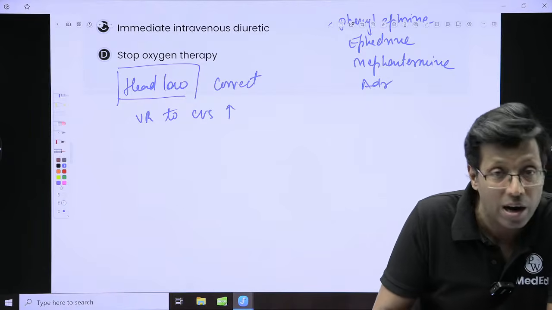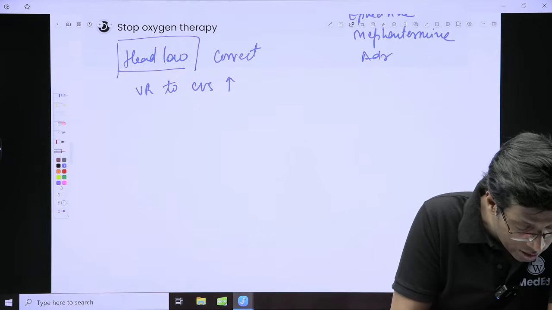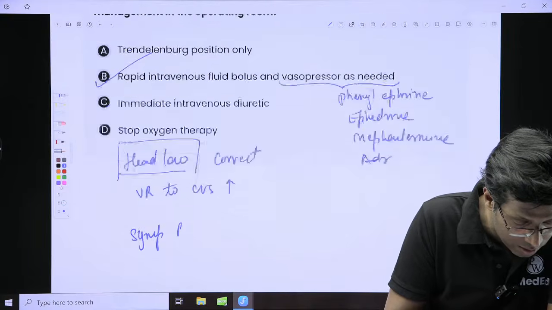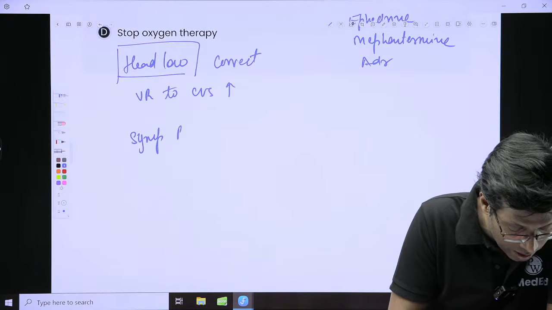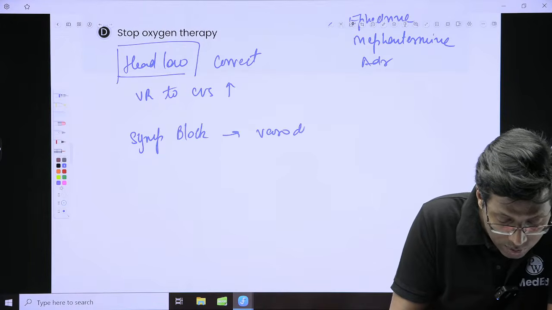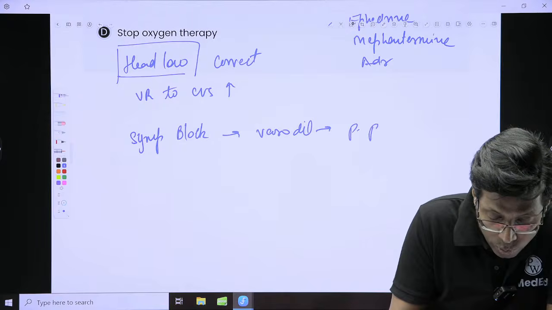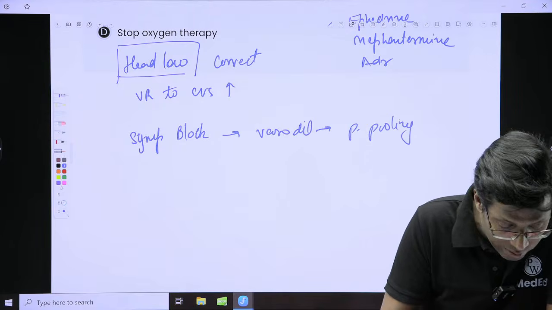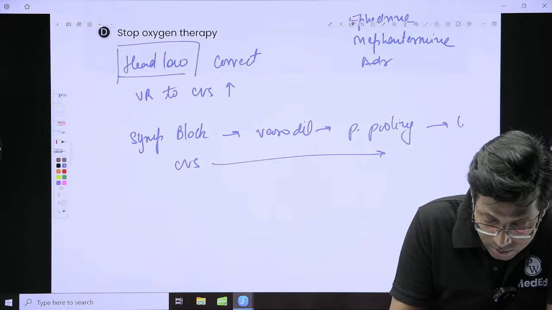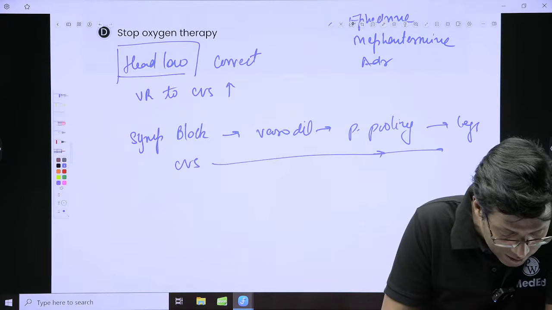Why had hypotension taken place? Hypotension took place because there was sympathetic blockade. The sympathetic block led to vasodilation in the lower limbs. This led to peripheral pooling. Because of peripheral pooling, the blood from the heart has gone to the legs. Therefore, the heart becomes empty.